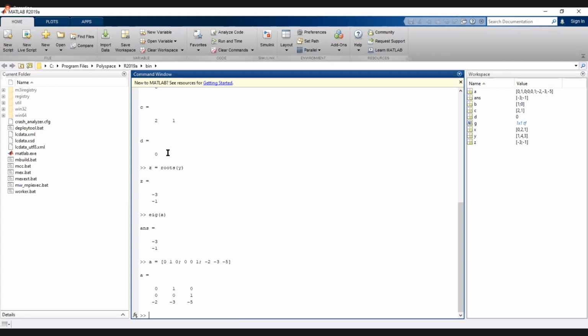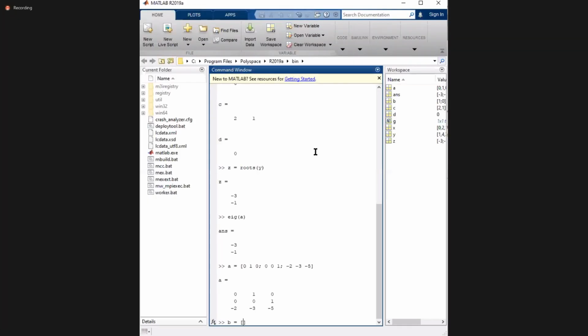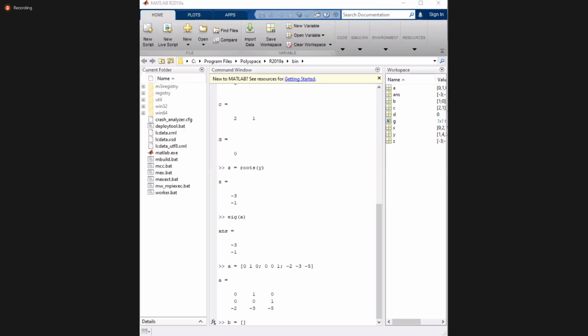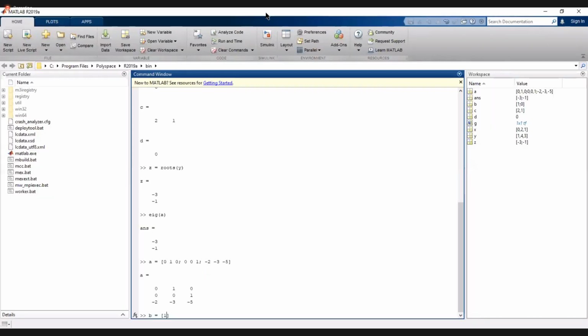B now. What was B? B is 1, 1, 2. But you have to put a transpose on the outside of the bracket, which is the apostrophe, the single quote.